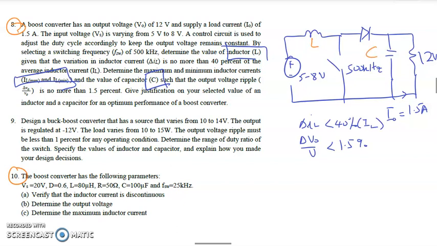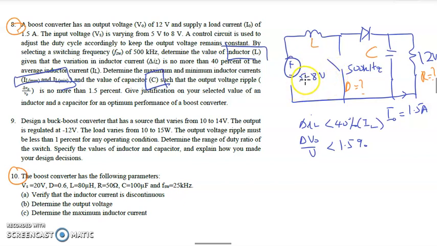So we need to find L and C, and before that we have to know our duty cycle and also the resistor value of our load. This duty cycle and resistor value has to be calculated for two scenarios. One is at the lowest input voltage, another scenario is at the highest input voltage.